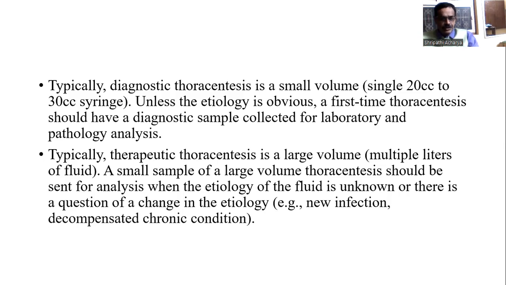Typically, therapeutic thoracentesis is a large volume, multiple liters of fluid. A small sample of a large volume thoracentesis should be sent for analysis when the etiology of the fluid is unknown or there is a question of a change in the etiology, that is, new infection or decompensated chronic condition.